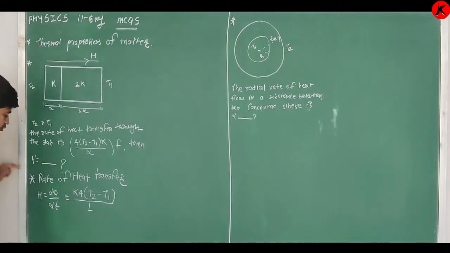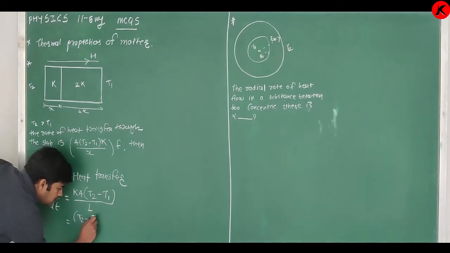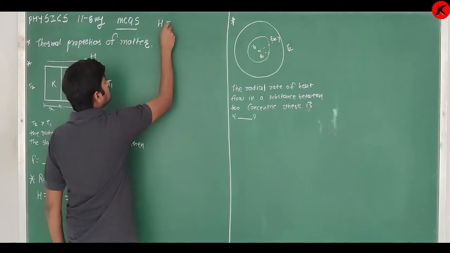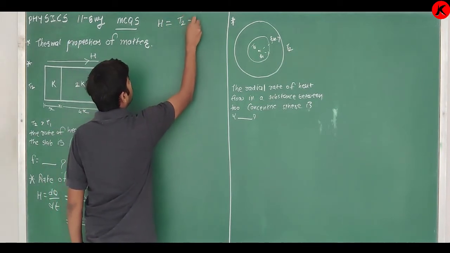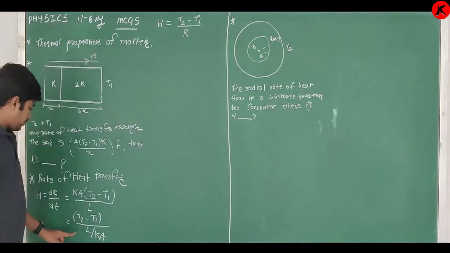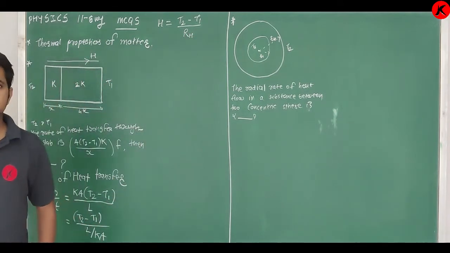Remember, it is one general equation. So I can write this as H is equal to (T2 minus T1) upon L upon KA, or H is equal to (T2 minus T1) upon RH. You know L upon K is called RH, that is thermal resistance.